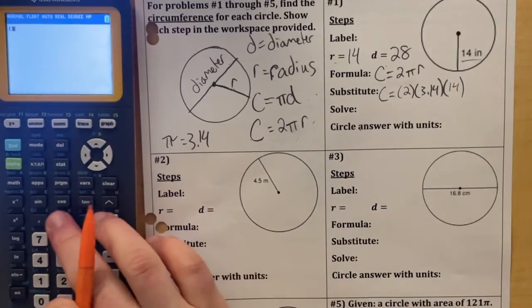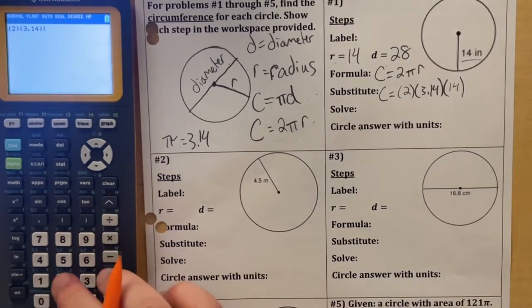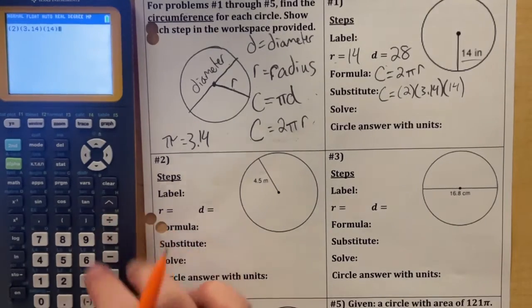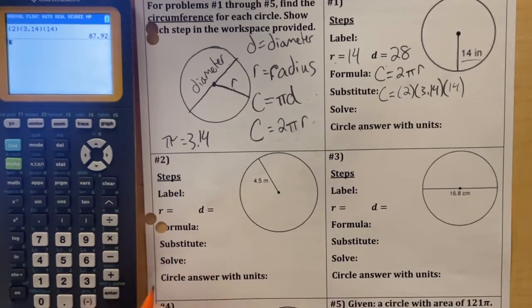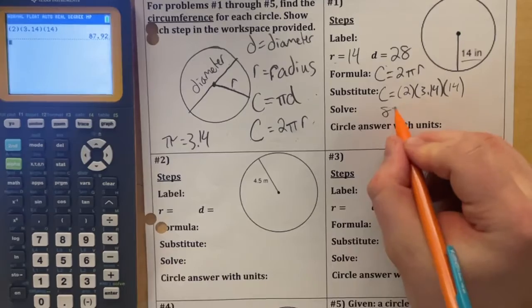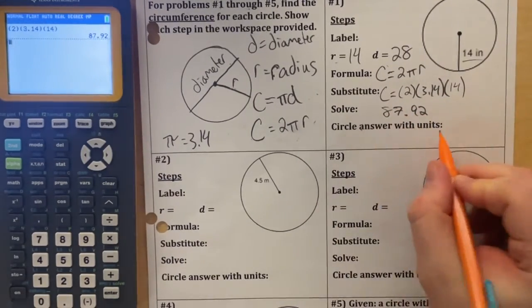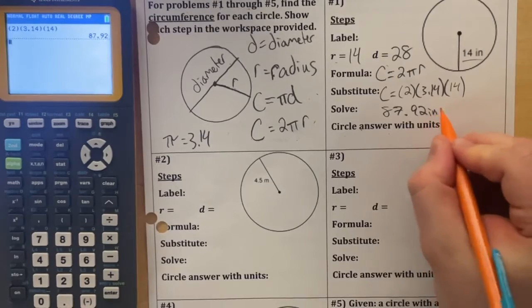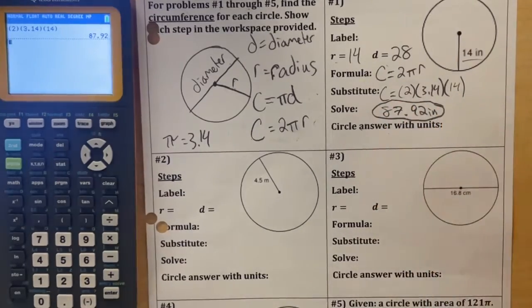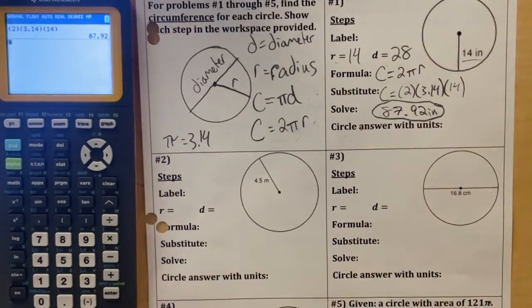So I have 2, 3.14, and 14. We solve and get 87.92. Make sure you circle your answer with the units, so we'd say this is inches and circle it. Notice how it's only to the first power since we're talking about circumference.